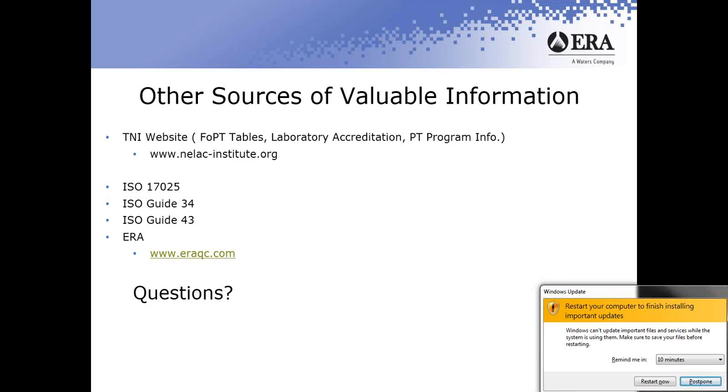Most PT providers will have calibration ranges designed around the PT concentration. All of these factors together can combine to help a PT provider gain a better assessment of the accuracy and the precision in a given lot of PT material.